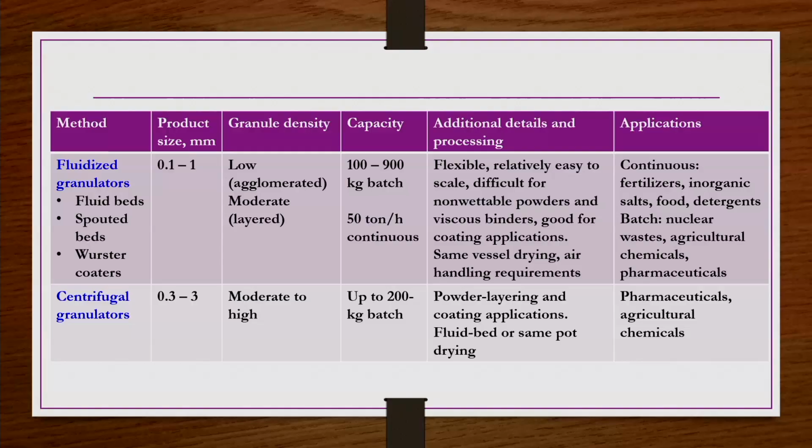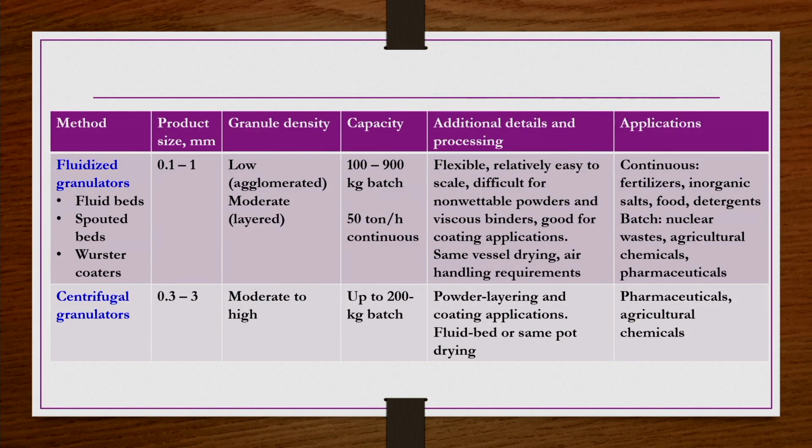The capacity in general batch-wise they can handle 100 to 900 kg, whereas in a continuous mode they can handle 50 tons per hour. These fluidized granulators are in general flexible and relatively easy to scale; however, they are difficult for handling non-wettable powders and viscous binders. They are good for coating applications, and the required drying or air requirements etc. can be handled in the same vessel.